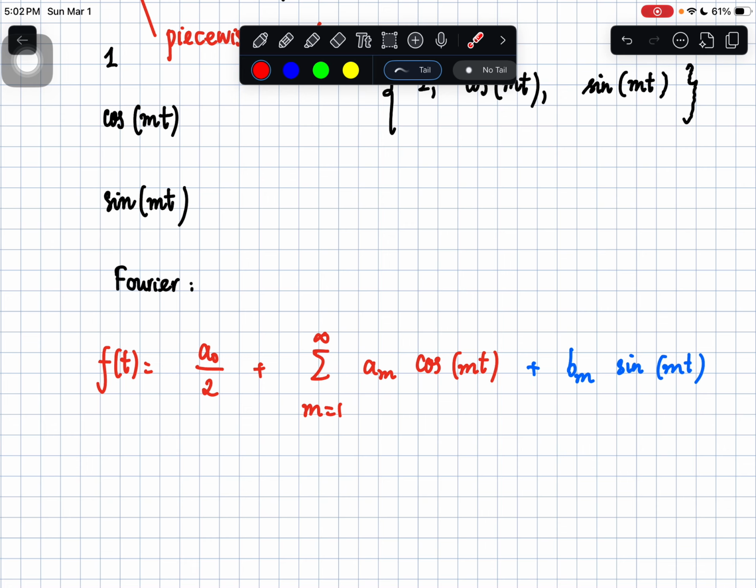Given a piecewise continuous function f of 2 pi period, we want to compute all those coefficients a0, a1, a2, am, b1, b2, bm.